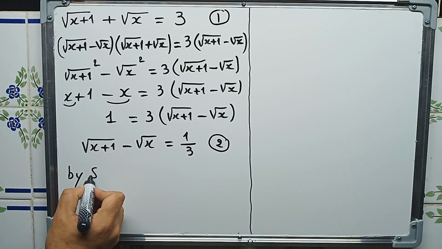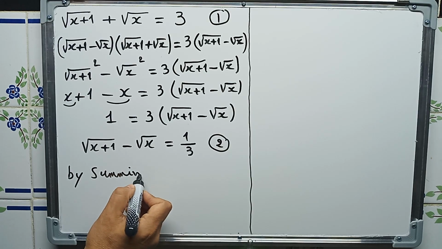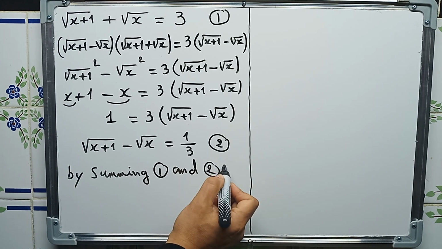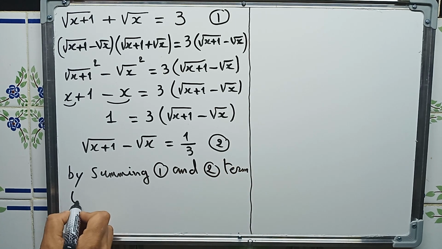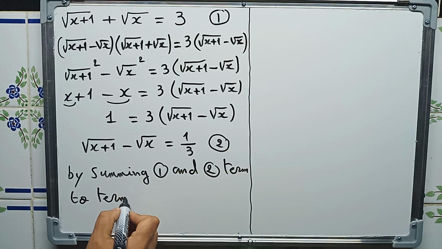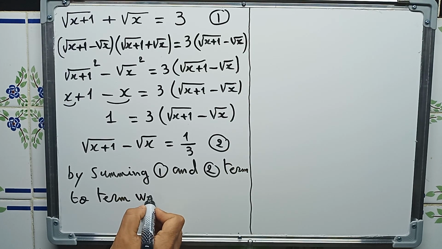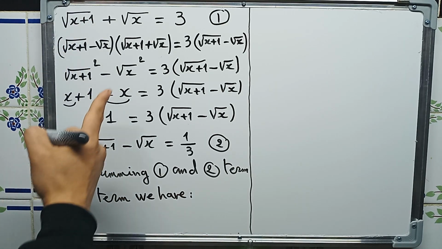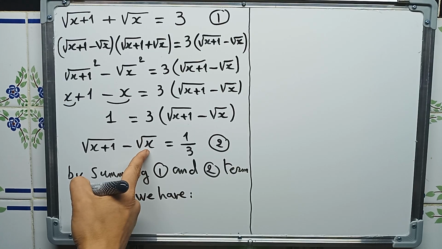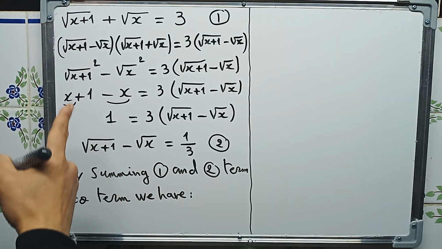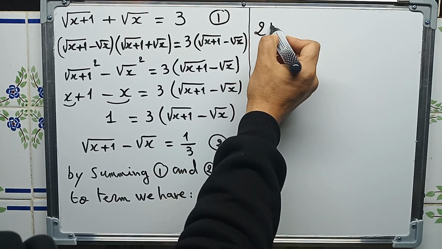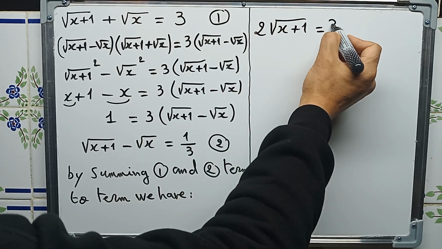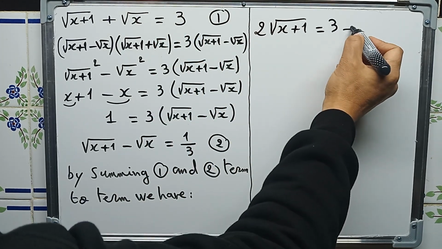So by summing 1 and 2 term to term, we have this term plus this one, the square root x will disappear with minus square root x, and those two will give us 2 square root x plus 1 equals 3, the other term, plus 1/3.